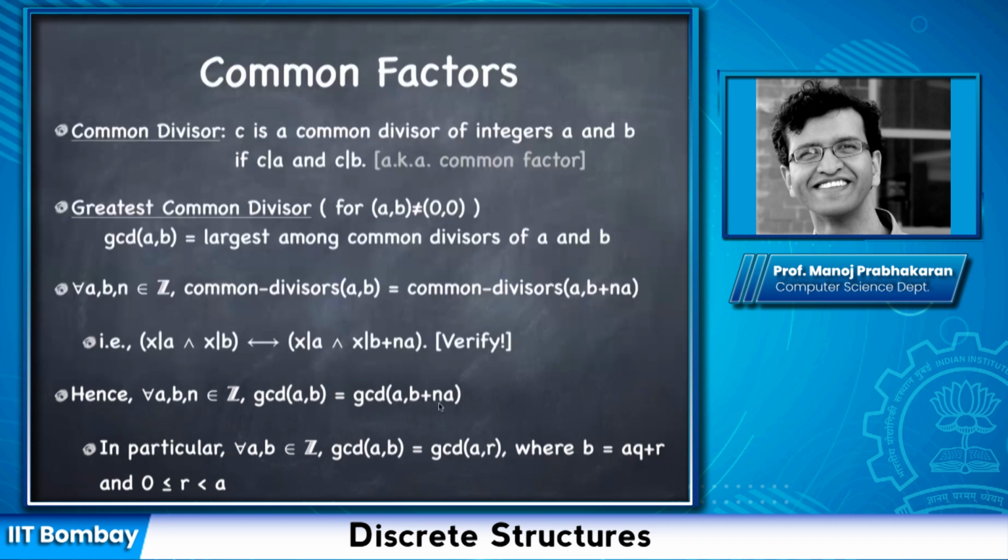And that fits this description, right? Take N as minus Q, and R is just B plus NA. So GCD of A, B is the same as GCD of A, R, where R is the remainder, as we talked about in the quotient and remainder theorem.